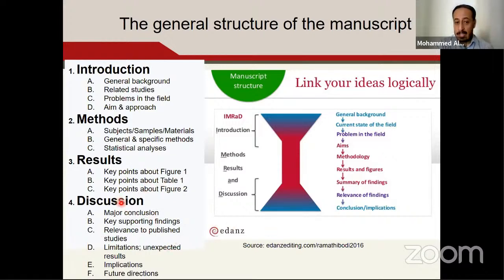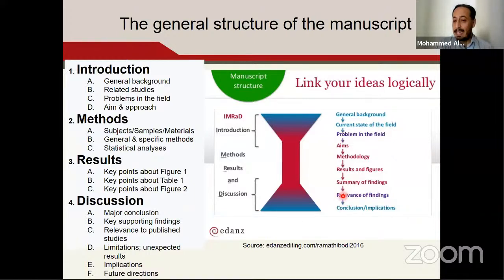And then in the discussion section, as I told you, it's the tip of the triangle. You should start with the major finding or major conclusion, and then the key or significant findings, and the relevance of your findings.